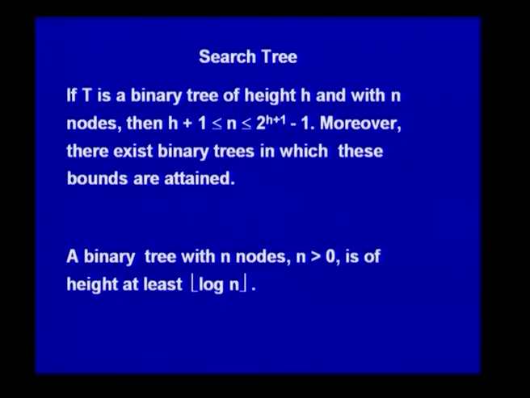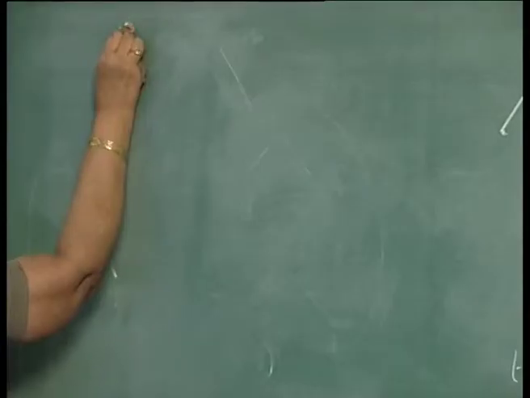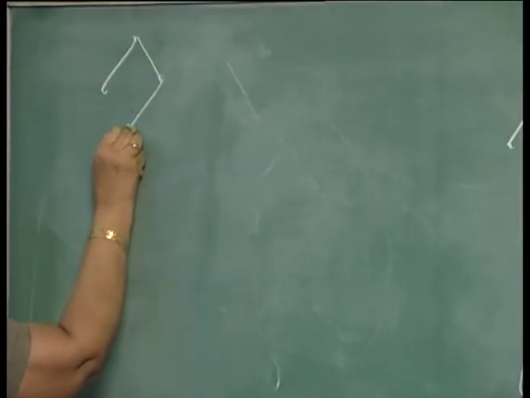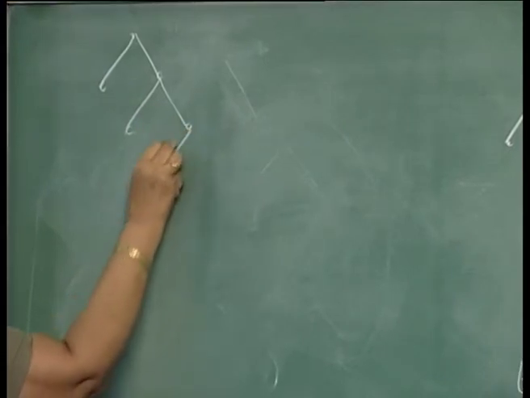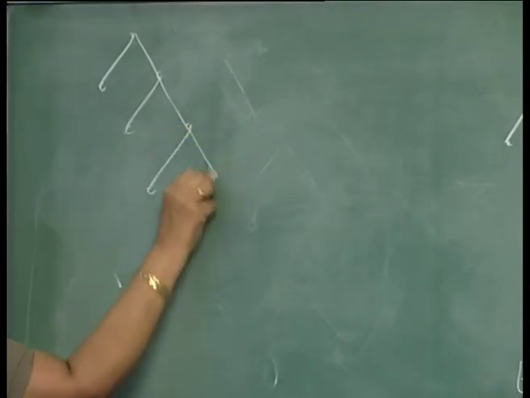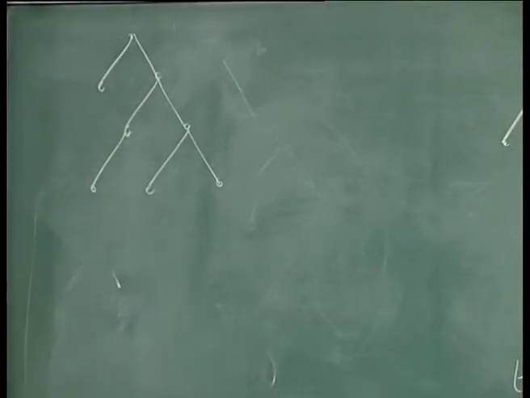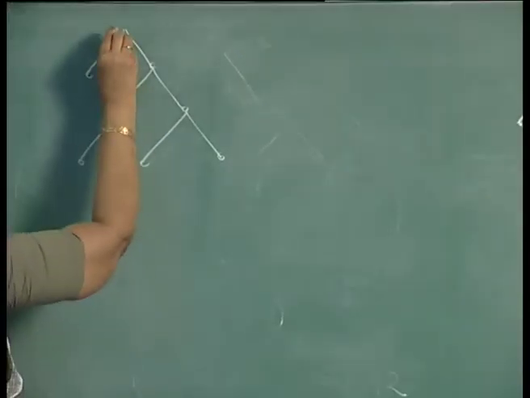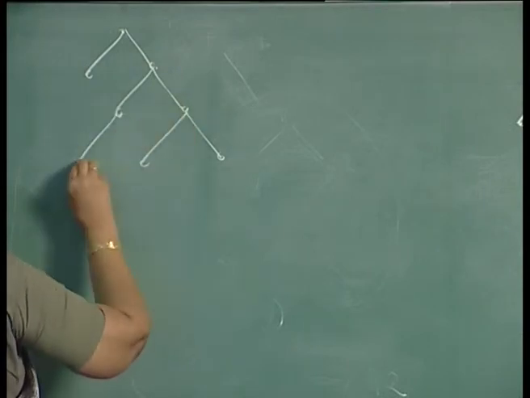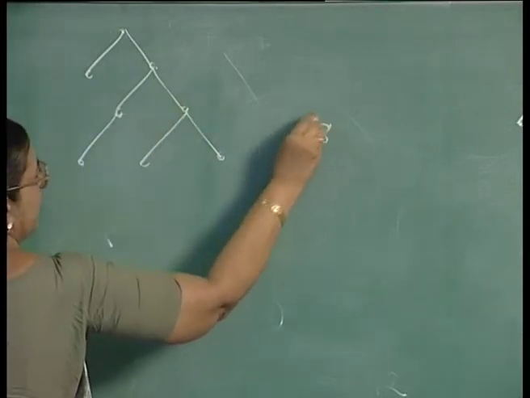How do you prove that? You have a binary tree, say, let me draw a binary tree. This is a binary tree, say. How many nodes are there? 1, 2, 3, 4, 5, 6, 7, 8 nodes are there.